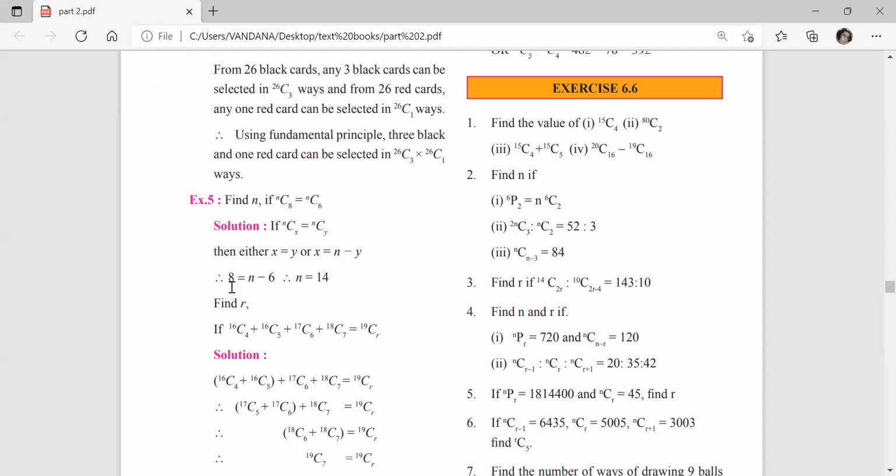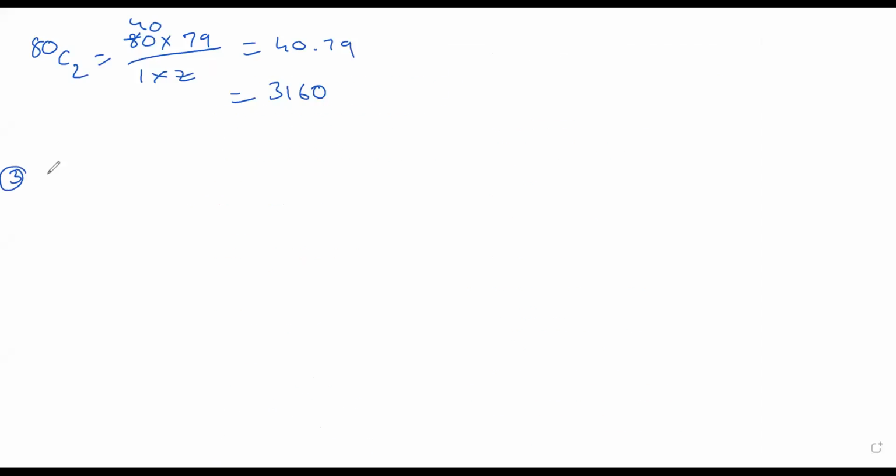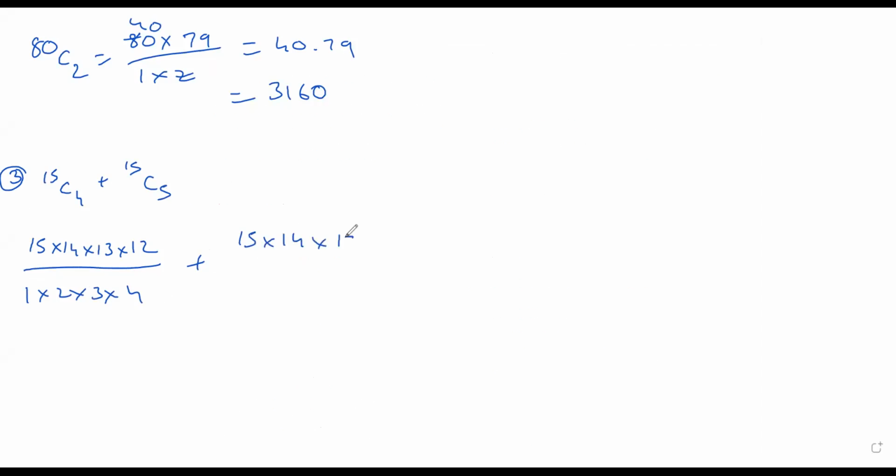So this is 15C4 plus 15C5. 15C4 is 15 into 14 into 13 into 12 upon 1 into 2 into 3 into 4 plus 15 into 14 into 13 into 12 into 11.